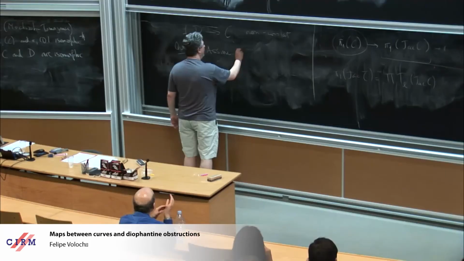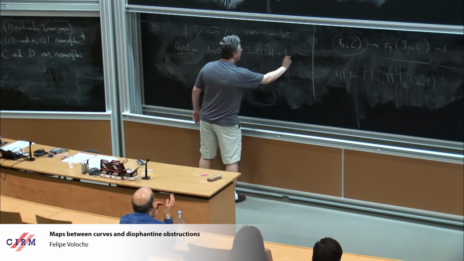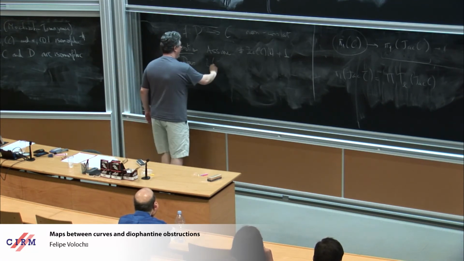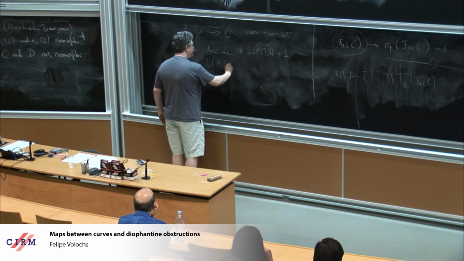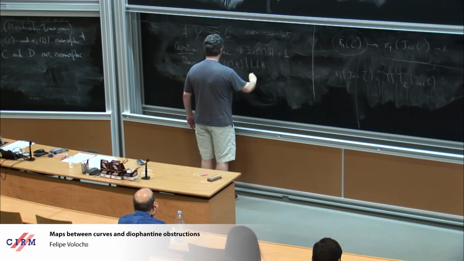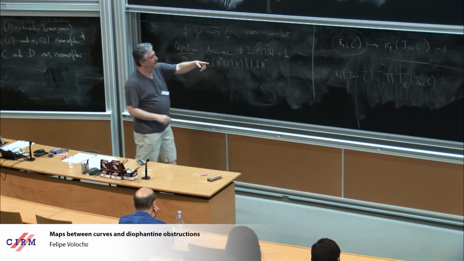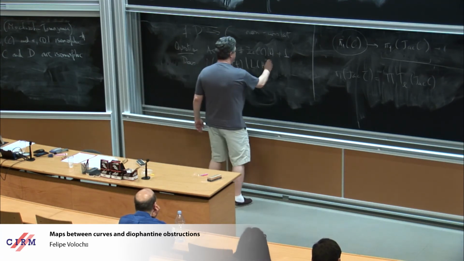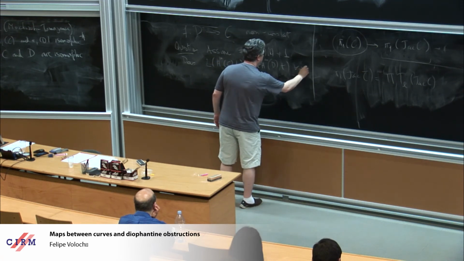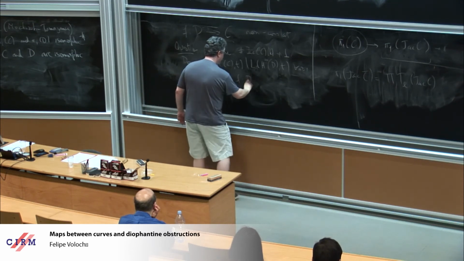So assume that the cardinality of the Jacobian of C over K is not 1. Does L_{H^n C}(T) dividing L_{H^n D}(T) for all n greater than or equal to 1 imply there exists a non-constant f from D to C? So apply this Hilbert class field n times.